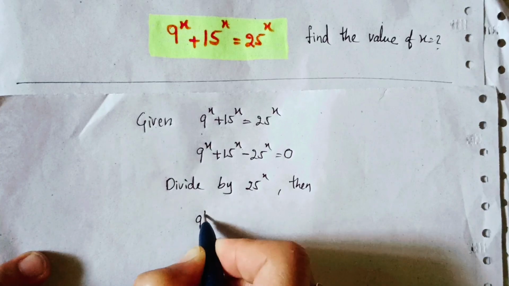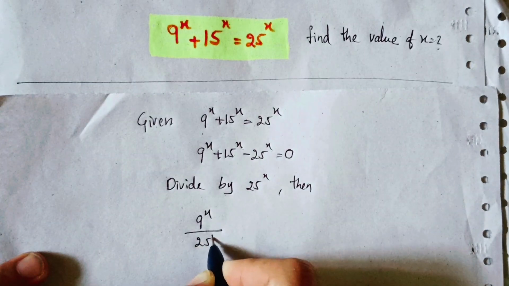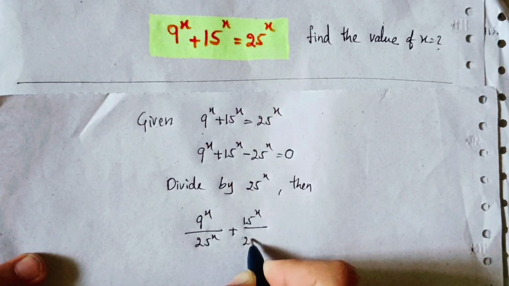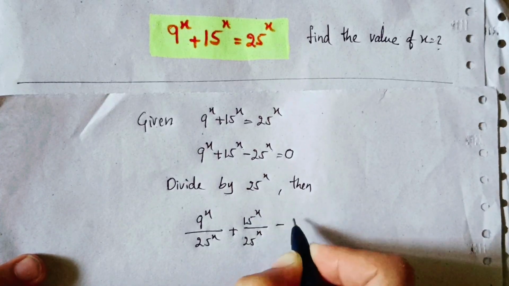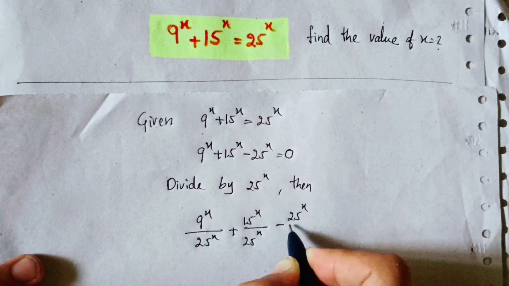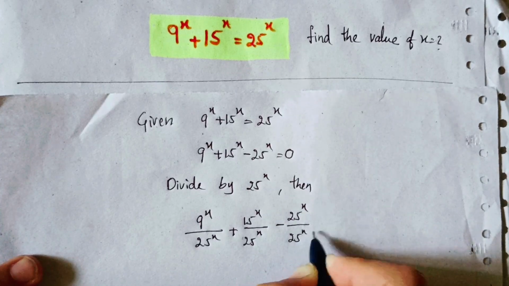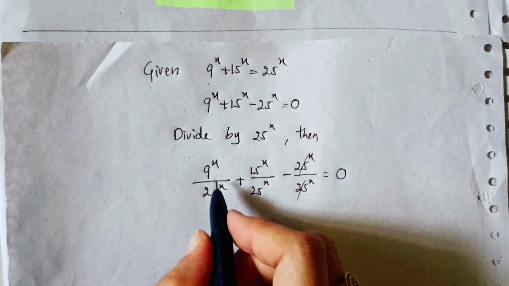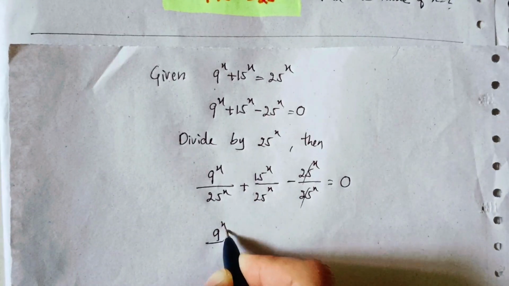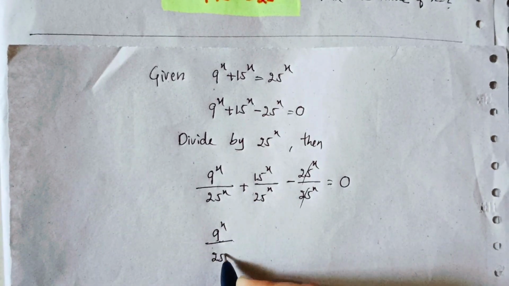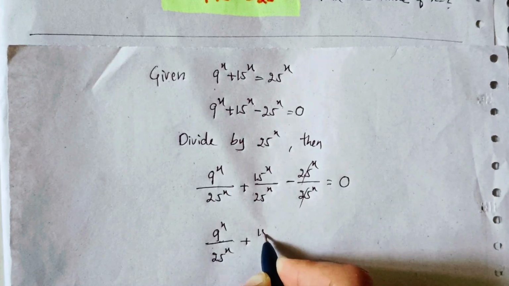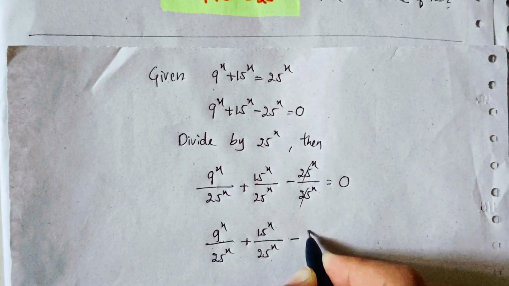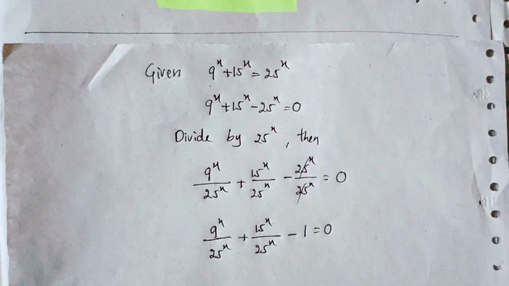It becomes 9 power x by 25 power x plus 15 power x by 25 power x minus 25 power x by 25 power x equal to 0. Here these two get cancelled. Therefore, 9 power x divided by 25 power x plus 15 power x by 25 power x minus 1 equal to 0.